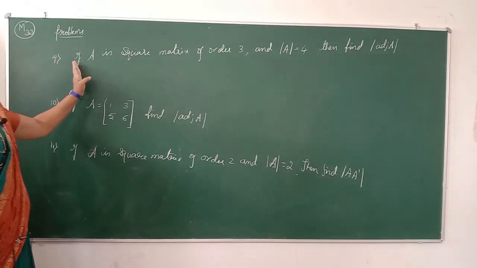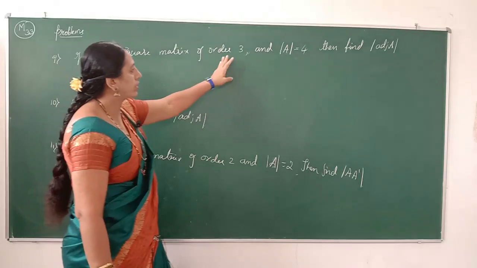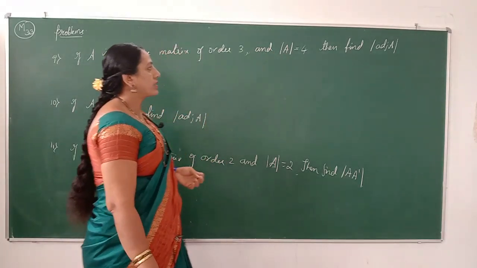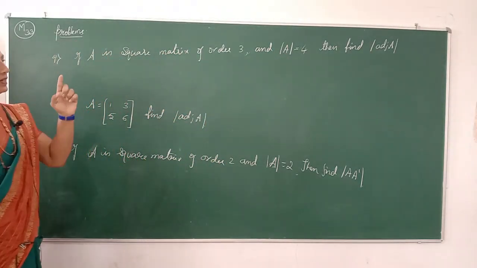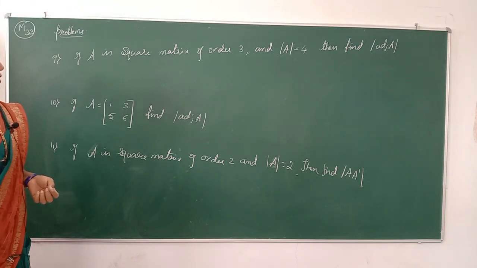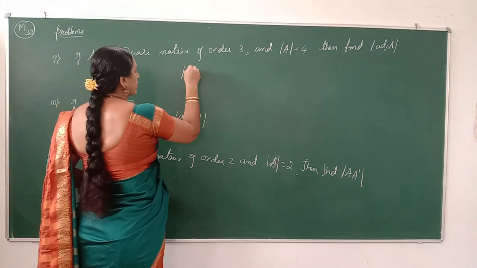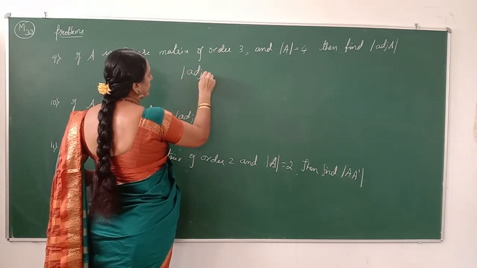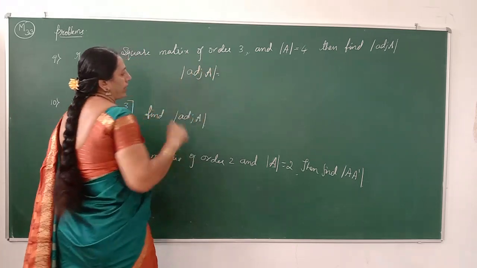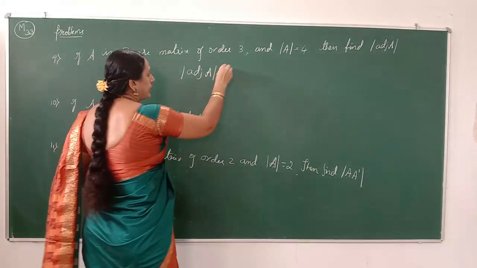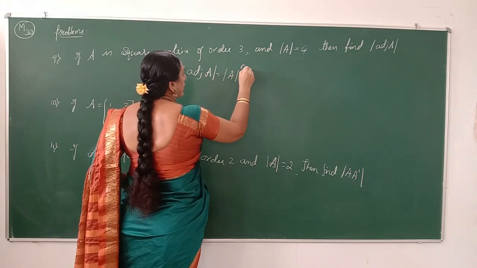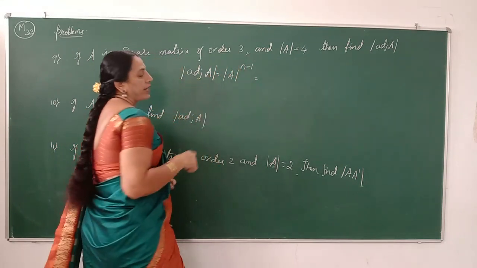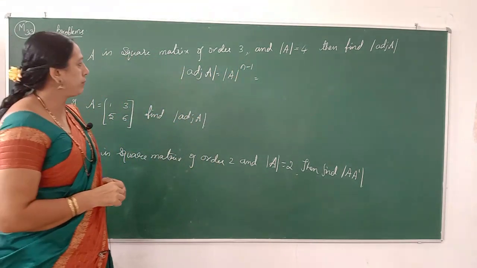Next one, if A is a square matrix of order 3 and determinant of A is equal to 4, then find determinant of adjoint of A. First, by using the formula, determinant of adjoint of A is nothing but determinant of A whole to the power of n minus 1, where n is called the order of the matrix.